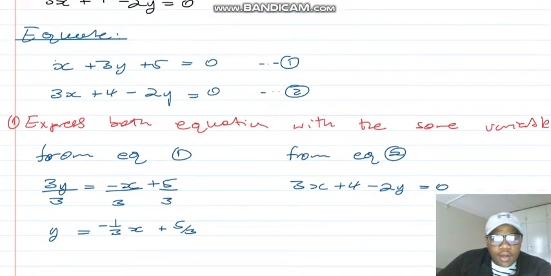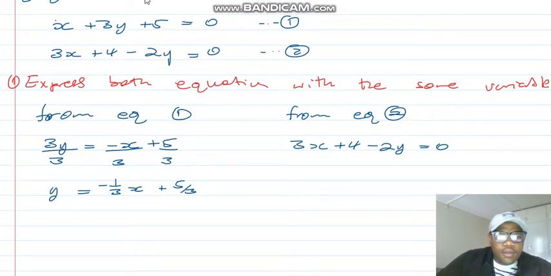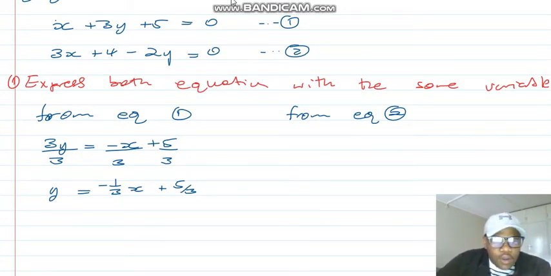Actually, I just want to write this consistently. The way I wrote it now, it's not nice. Let's take the 3x plus 4 to the other side, which is probably not the nice thing to do. Let's take the minus 2y to the other side.